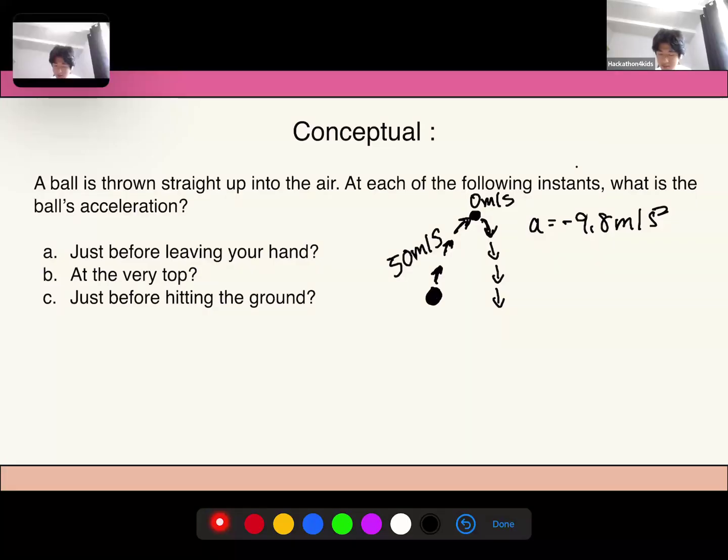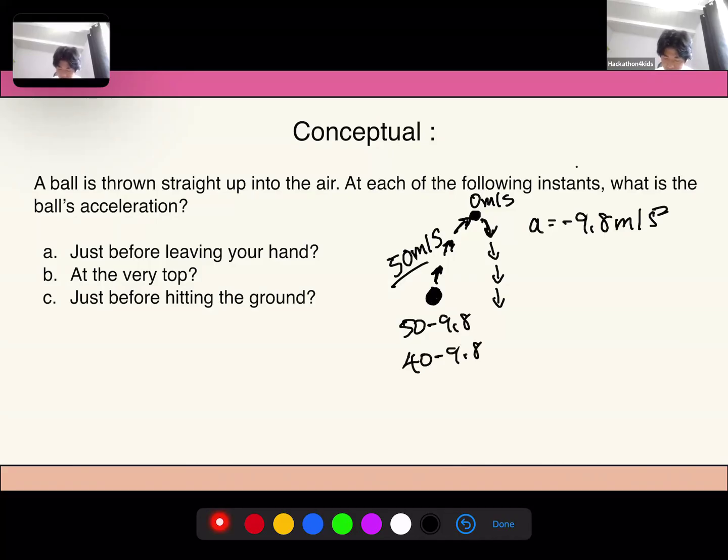Imagine you're constantly taking away from this velocity. At this moment it's 50 minus 9.8, and then later around 40 minus 9.8 again, and then 30 minus 9.8 again, until it reaches 0.